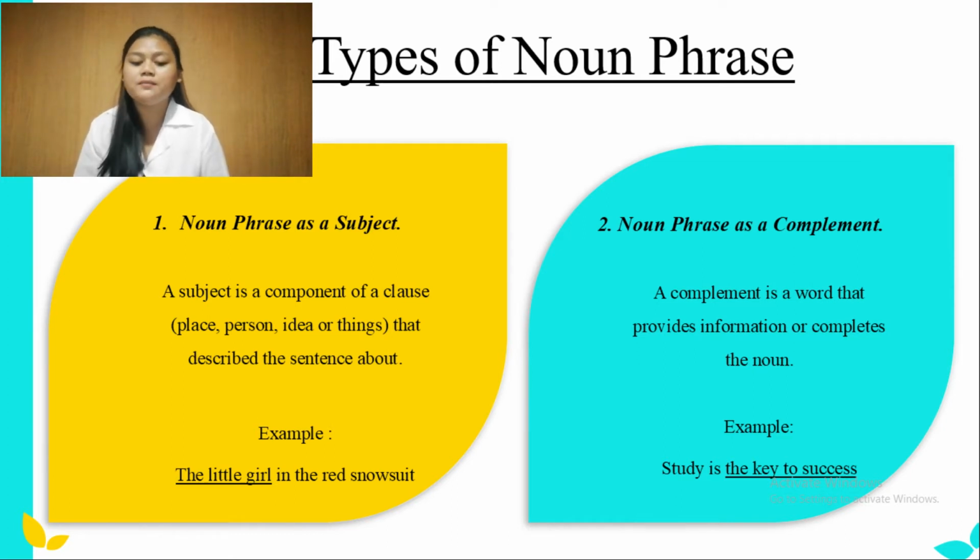For example, study is the key to success. The noun phrase the key to success gives us more information about study. Therefore, it acts as a complement to the noun phrase study.